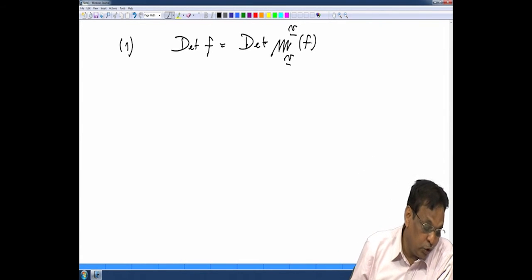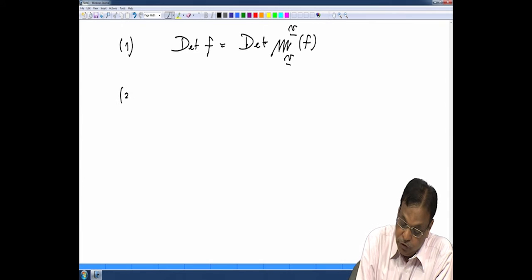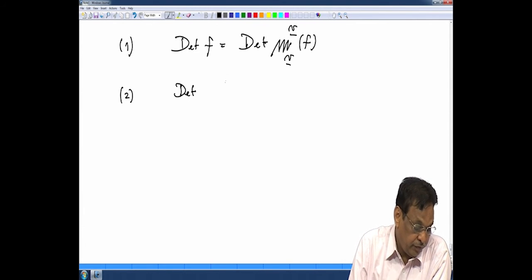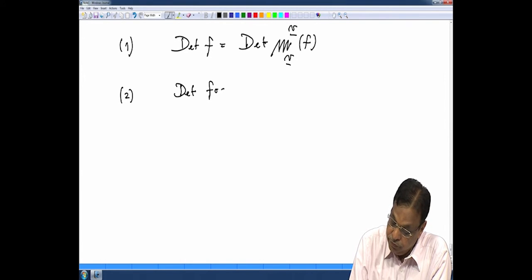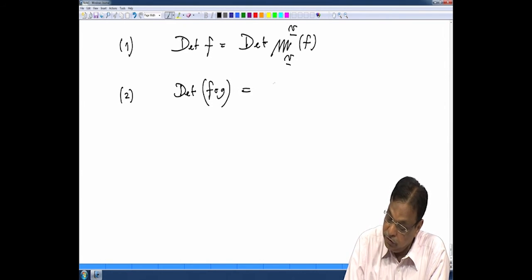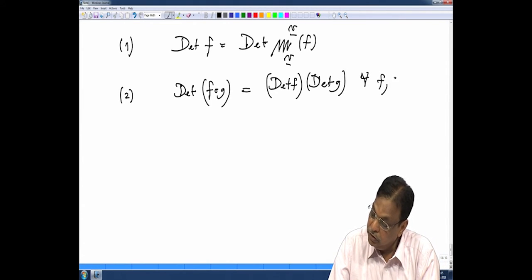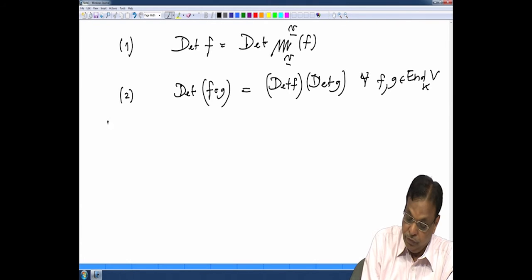And secondly, I will show you the product formula: determinant of F compose G is the same as determinant F times determinant G, for every F, G linear operators on V. Okay, so proof.